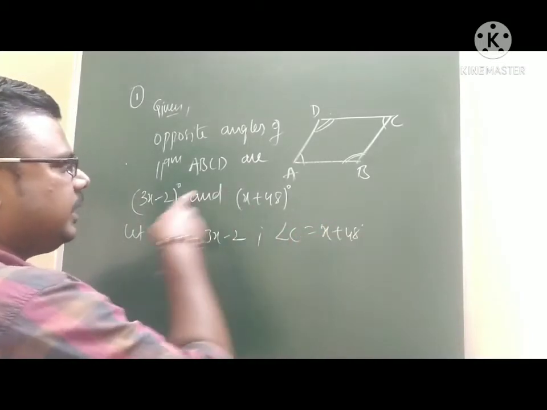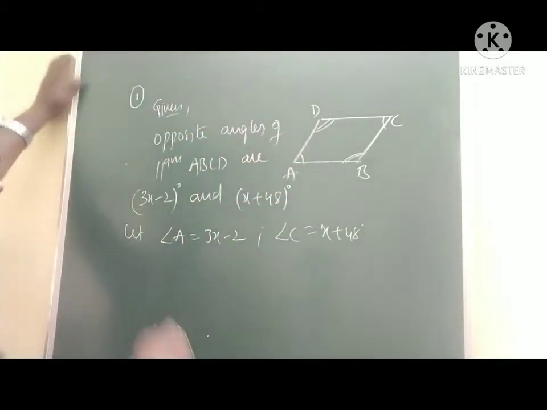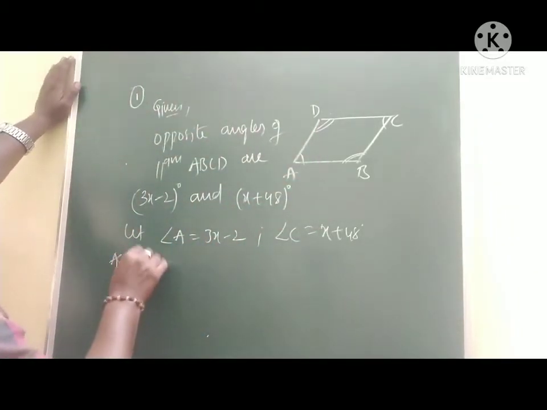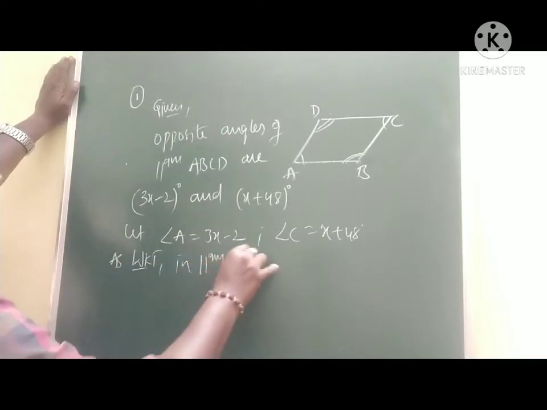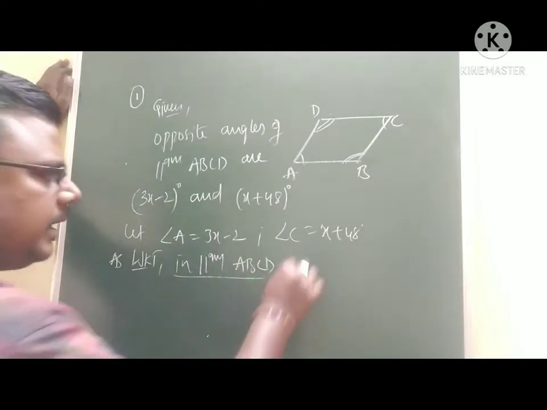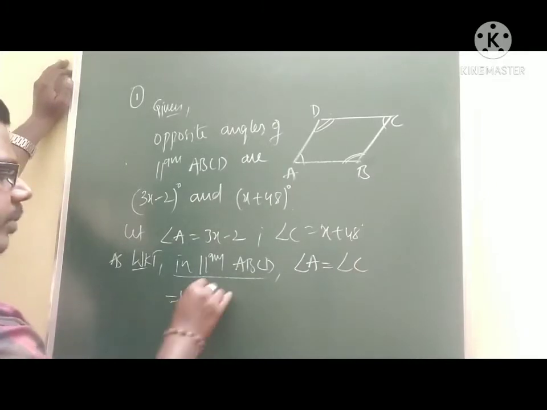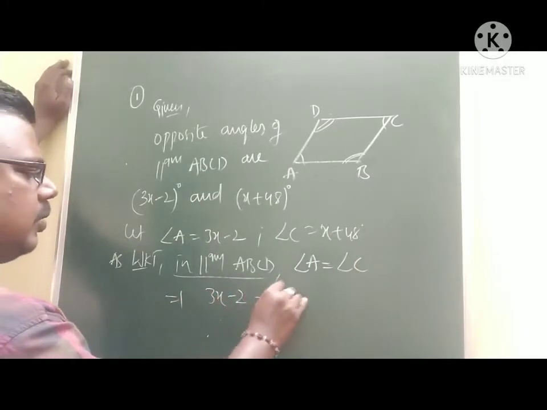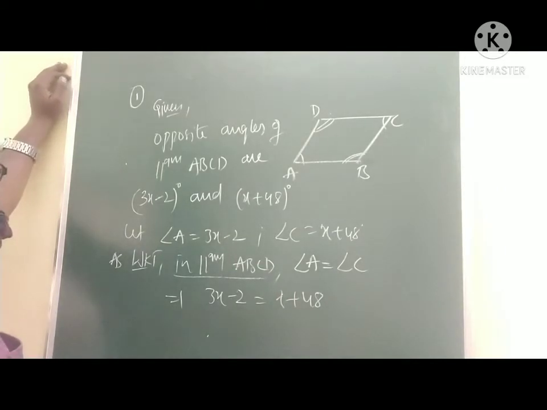As they have already given, these two are the opposite angles, so that's why I have considered A and C. As we know, in parallelogram ABCD, not only in ABCD, whatever parallelogram it may be, opposite angles are equal. Angle A is equal to angle C, so it implies 3x minus 2 is equal to x plus 48.